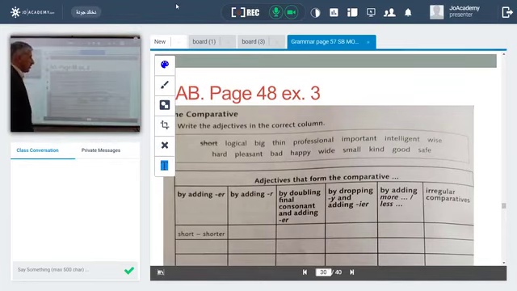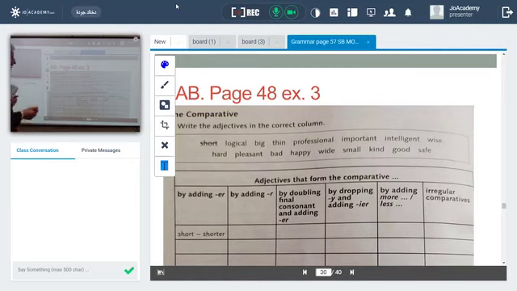So let's start with adding ER. And he gave us the first one. Short became shorter. Look at the adjectives and tell me if we have more adjectives we can put in the first column.